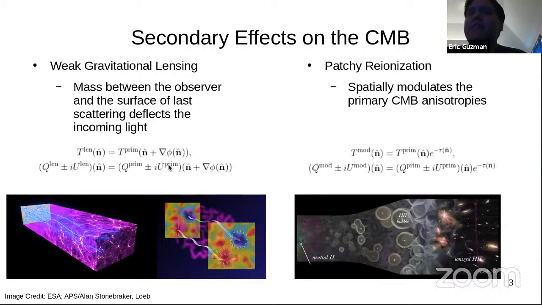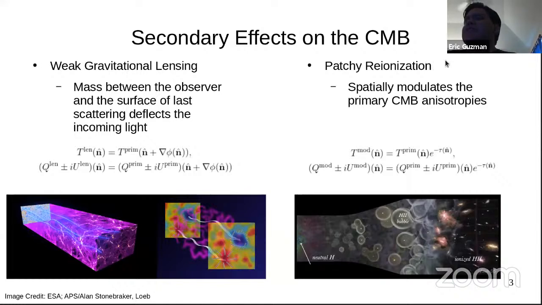The deflection angle is given by the gradient of phi, the lensing potential. Gravitational lensing can convert E mode into B mode polarization, which can cause confusion in the search for primordial gravitational waves. So a good reconstruction of phi will allow us to properly de-lens the CMB, increasing our sensitivity in the search.